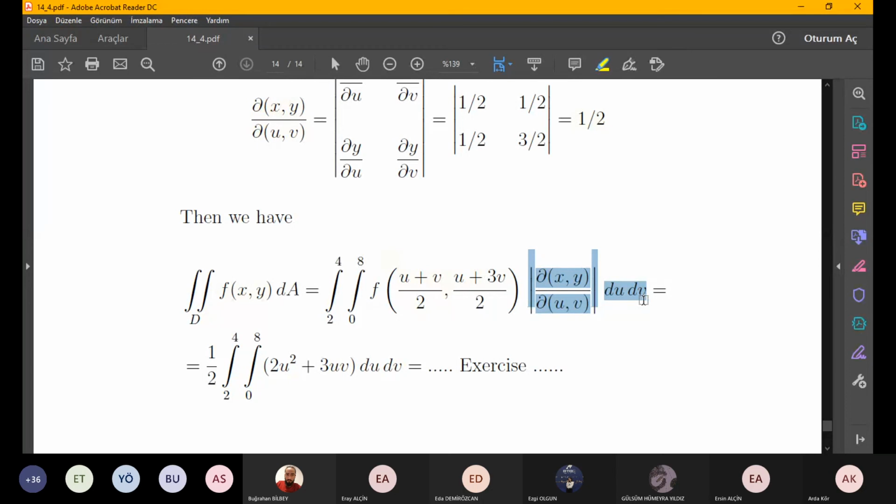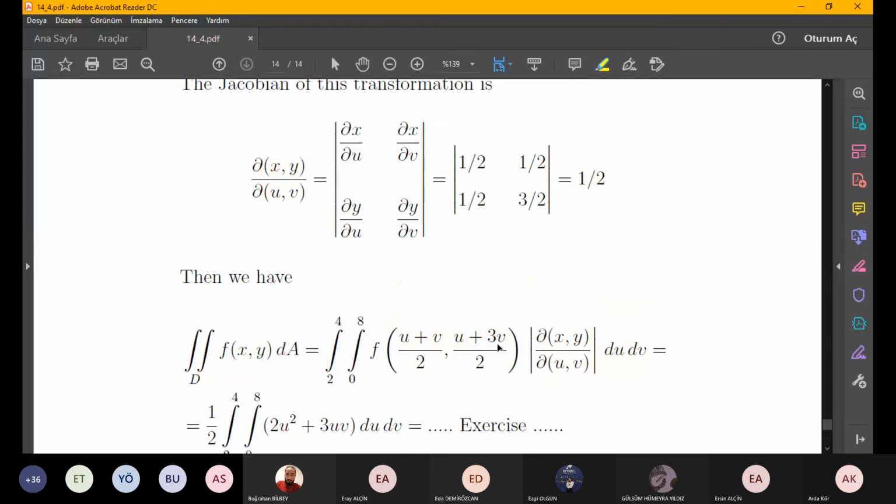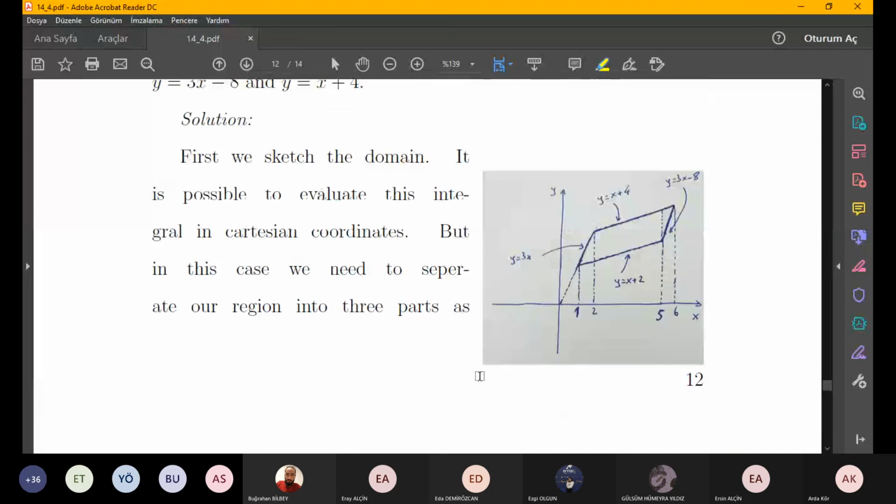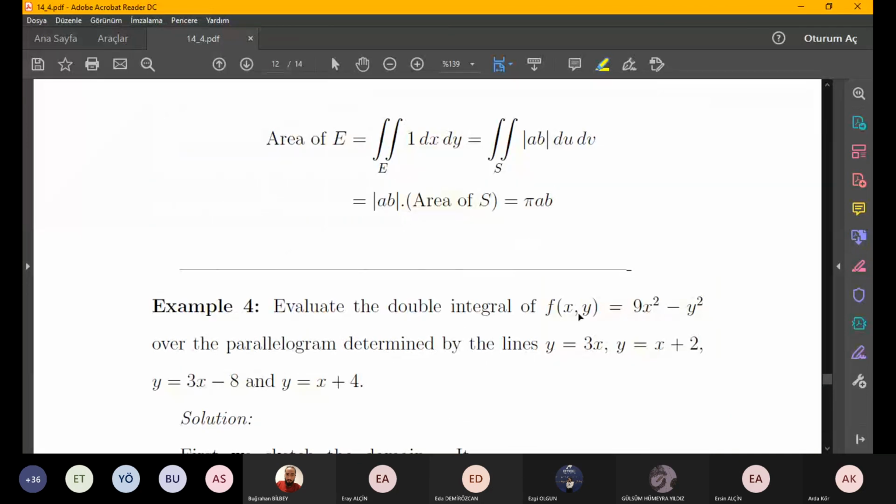And of course, f was 9x squared minus y squared.